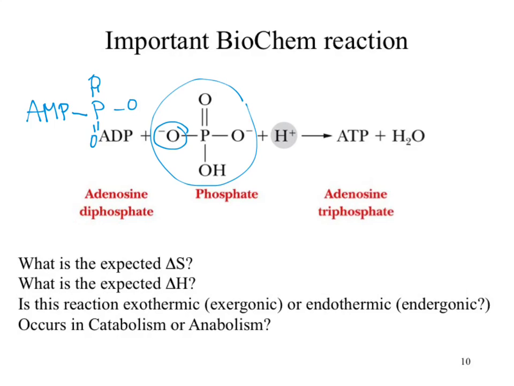Right. If we were going to draw out our ATP, so now we'll again cheat, we'll do ADP. Oh, I think I have to draw it all the way out. Shucks. Our monophosphate. Here's our new phosphate.